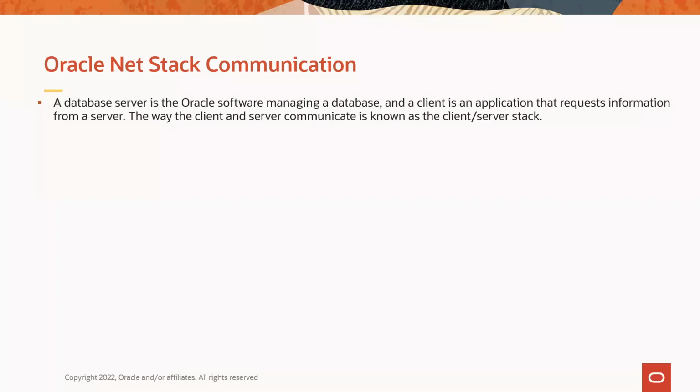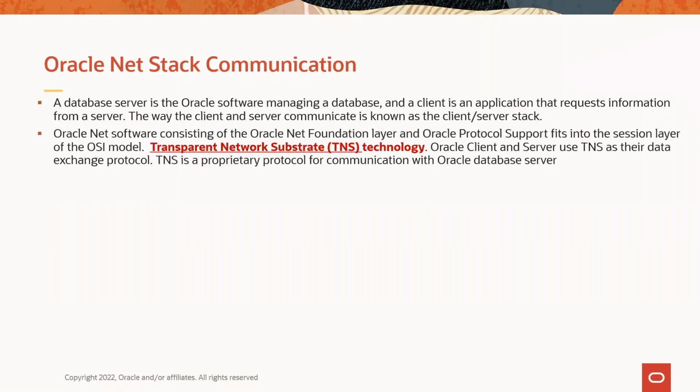The way the client and server communicate is known as the client-server stack. Oracle Net software consists of the Oracle Net Foundation layer and Oracle Protocol Support, which fits into the session layer of the OSI model. TNS technology: Oracle client and server use TNS as their data exchange protocol. TNS is the proprietary protocol for communication with the Oracle database server.